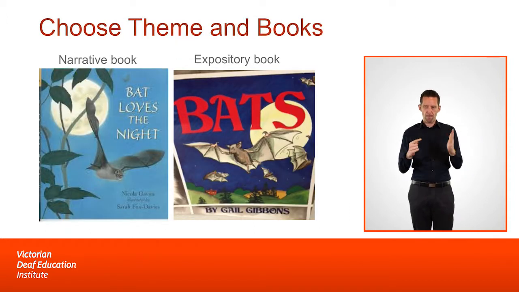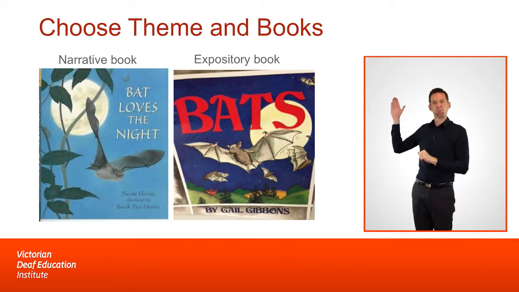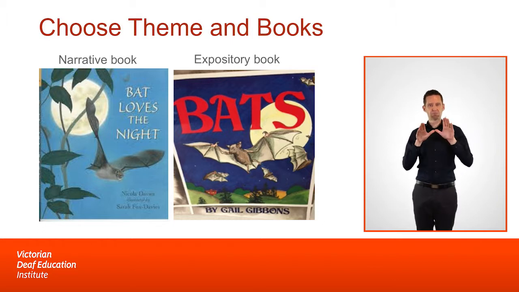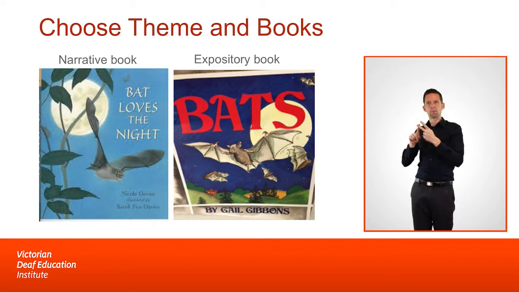And so here's an example of the books for our unit on bats. The narrative book is called Bat Loves the Night, and the expository book is simply called Bats, which tells you all about bats. Here are some of the words and definitions that we used for bats.